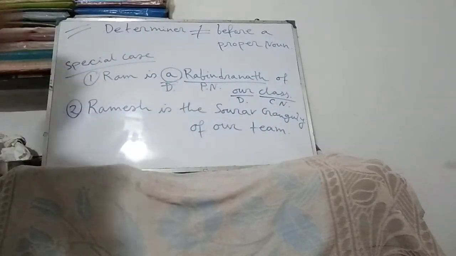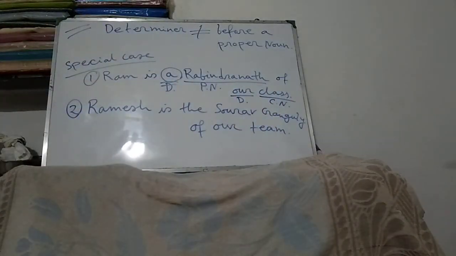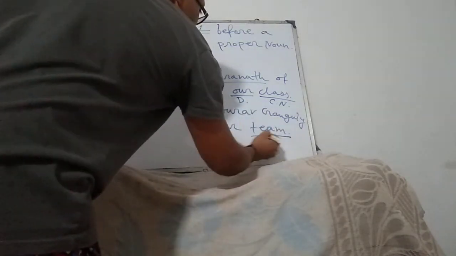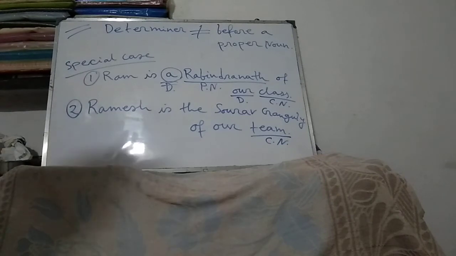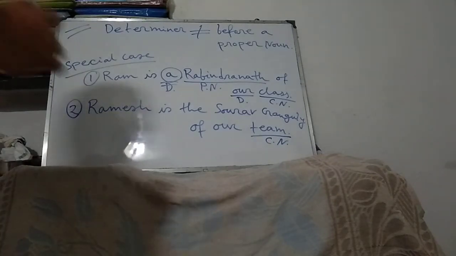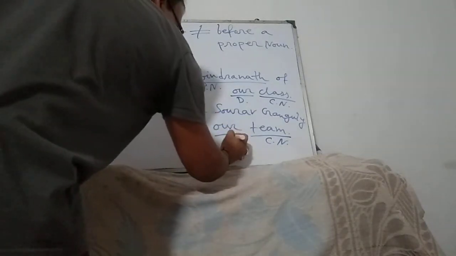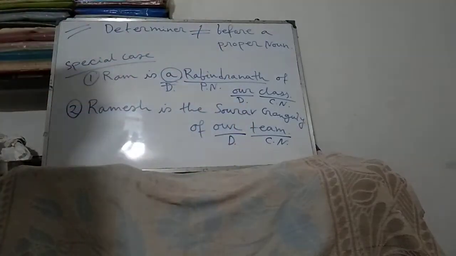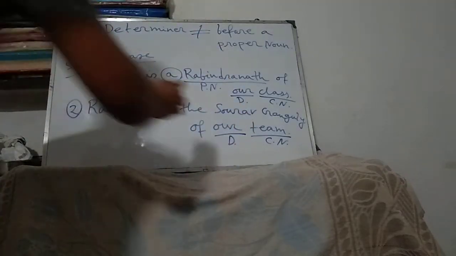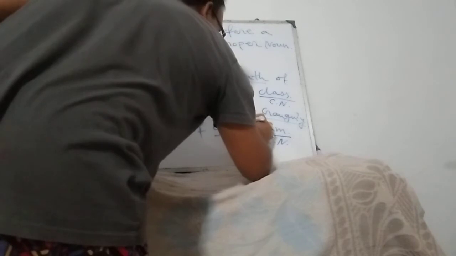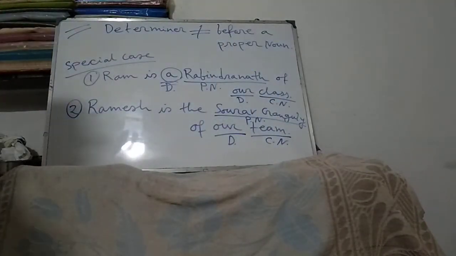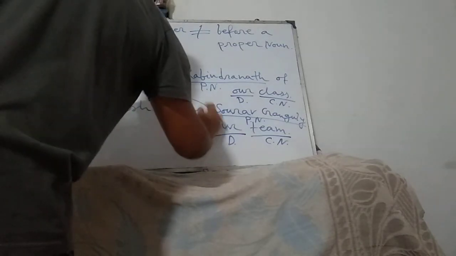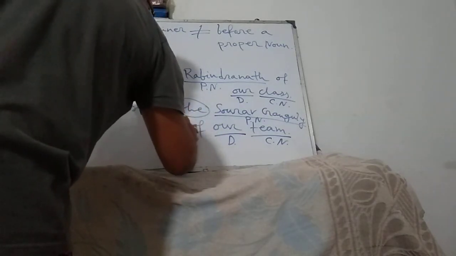If I say Ramesh is the Saurabh Ganguly of our team, look here, team is a common noun or countable noun. It can be preceded by a determiner. It is a normal case. But look here, Saurabh Ganguly is a proper noun, and it is preceded by the, which is surely a determiner.